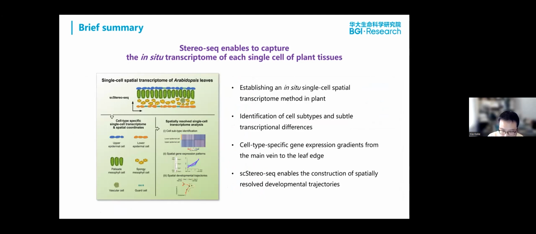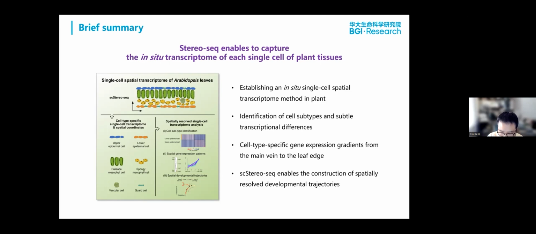Briefly summarizing, based on the above results, we have realized the application of spatial-temporal omics in Arabidopsis leaves. We successfully identified the cell subtypes and subtle transcriptional differences, and the cell type specific gene expression gradients from the main vein to the leaf edge.